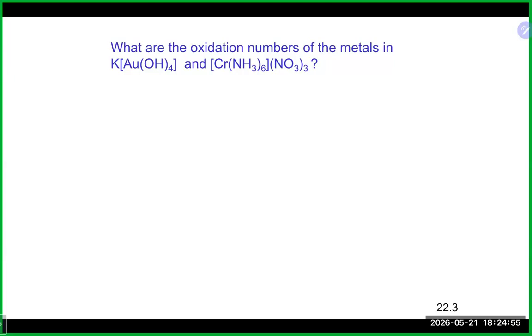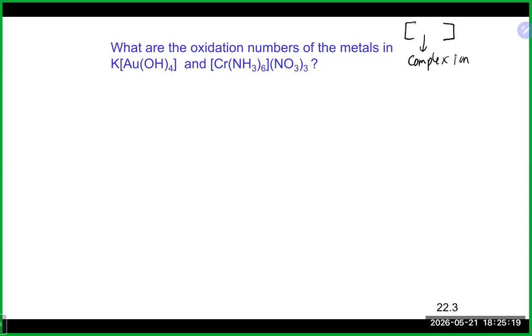What we see here is actually 2 formulas for coordination compounds, and these are just some common ways coordination compounds are written. Typically, whatever is in the bracket is usually the complex ion part of the coordination compound.